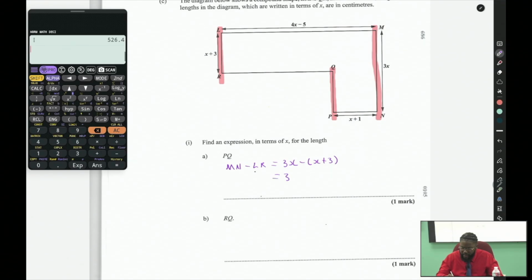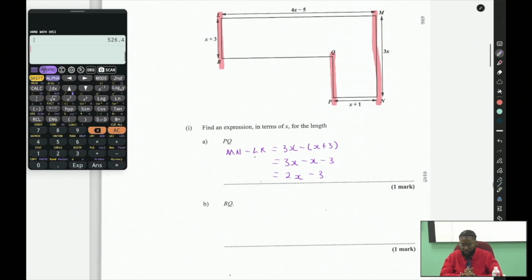So when we simplify this, we'll have negative x, negative 3, and we can continue simplifying, which should give us 2x minus 3. So that would be our expression for PQ.